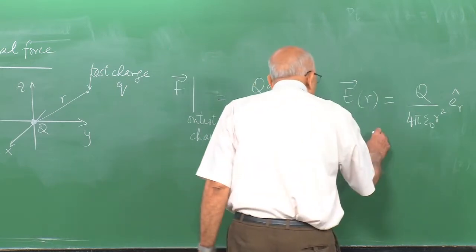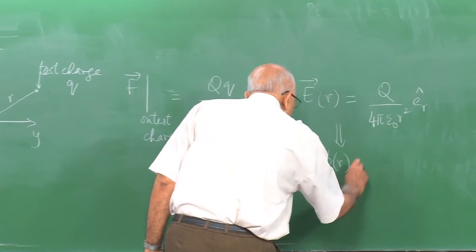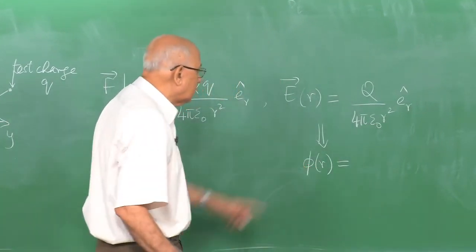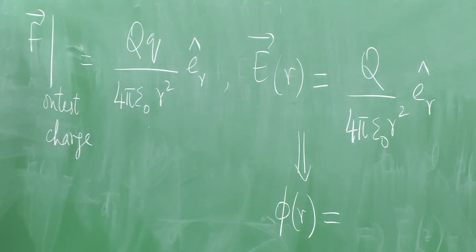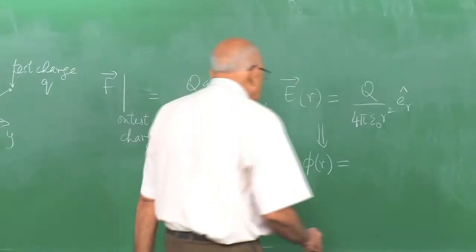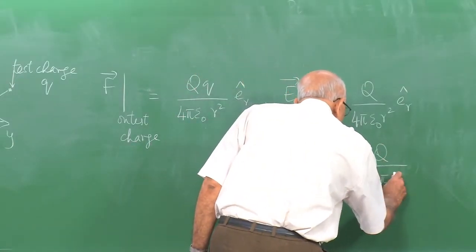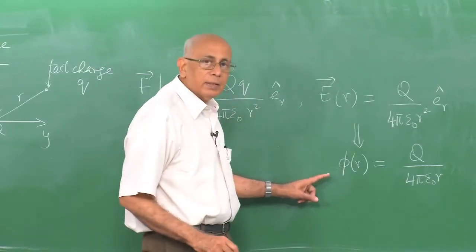Now this thing here will imply that it's derivable from a potential phi of r, again a function only of little r. This is the electrostatic potential at any point distant little r from the origin. This is equal to q over 4 pi epsilon naught r, and there's no vector, it's a scalar.